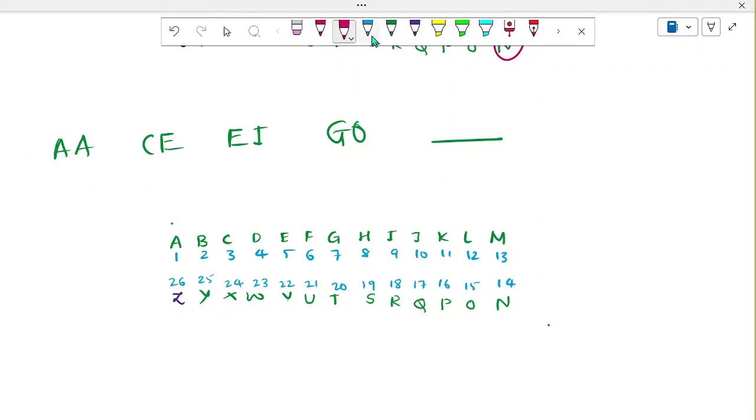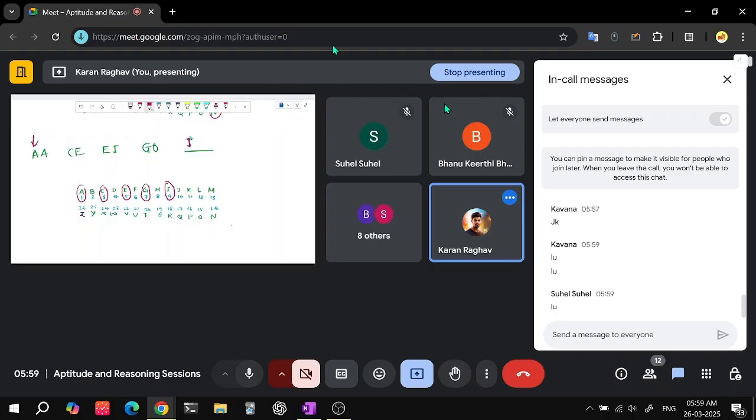Fine. We'll see how it is LU. Observe this carefully. I got A. Just observe the first letter. I got A. Then I got C, E, G. Right. So the next one will be what? Okay, it is not LU, it is IU. All those who have answered, it is IU, I think. Fine.